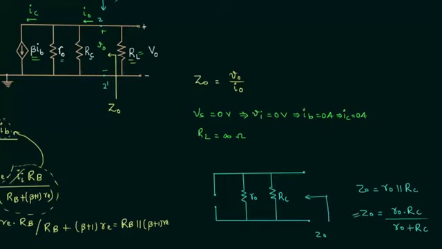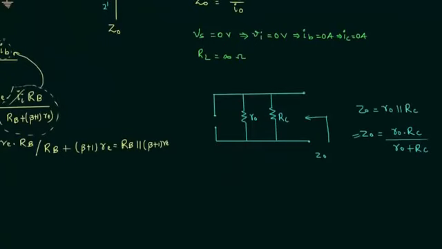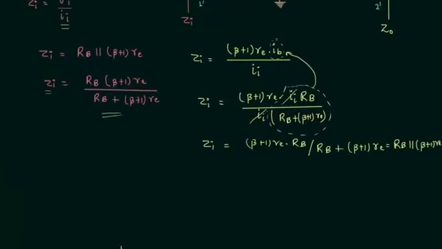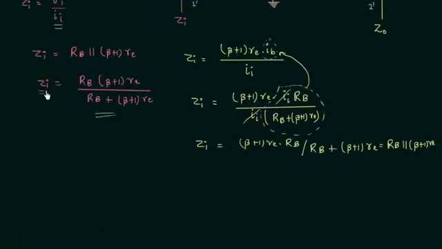Now we will perform a few simplifications. We will first simplify the expression of input impedance. Beta is a large quantity, so beta plus 1 is nearly equal to beta, and the resistance beta plus 1 Re is nearly equal to beta times Re.